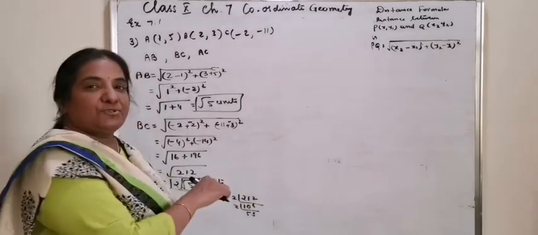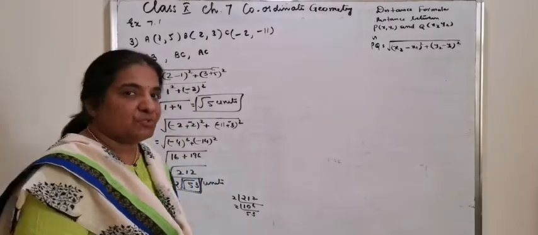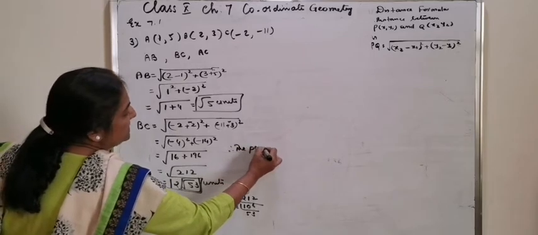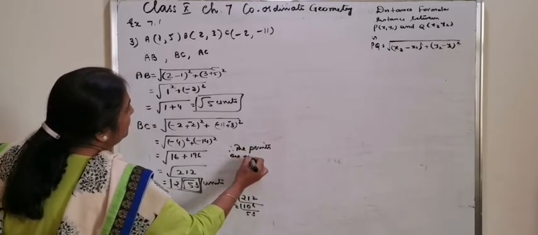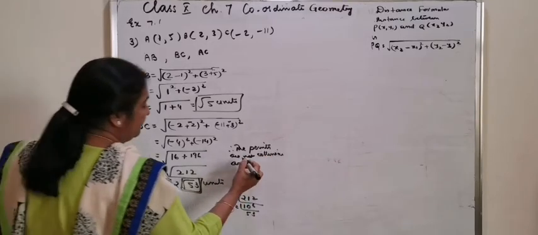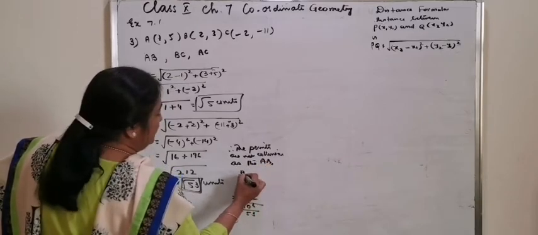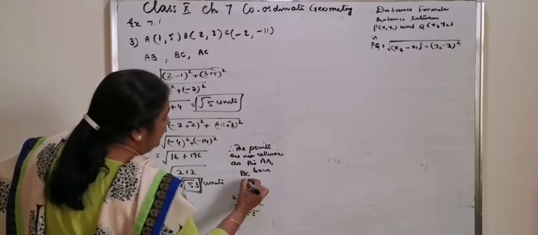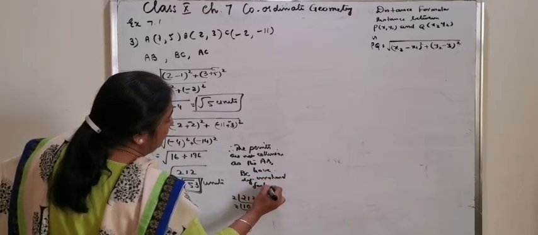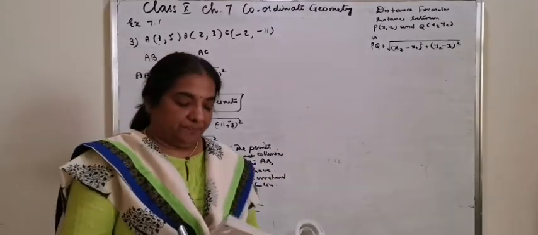And in both answers you got two different irrational factors which cannot be added, which shows that the points are therefore not collinear, as AB and BC have different irrational factors, and hence we cannot add them.